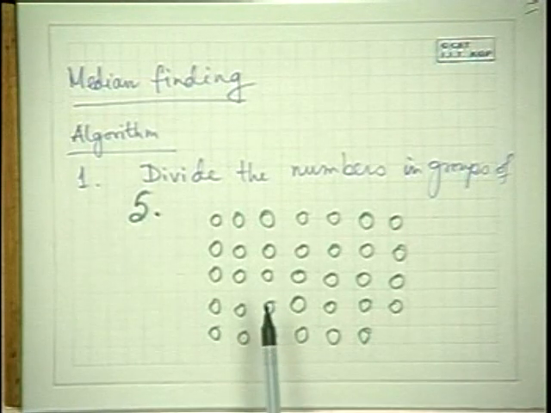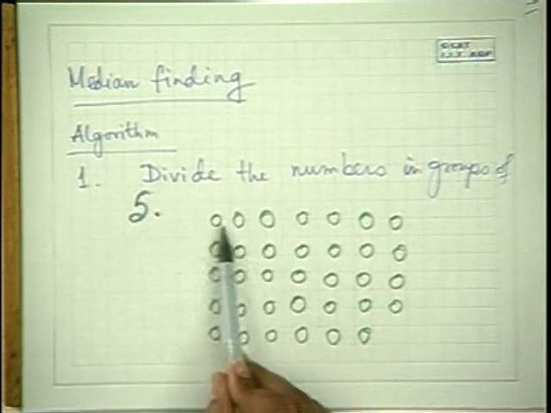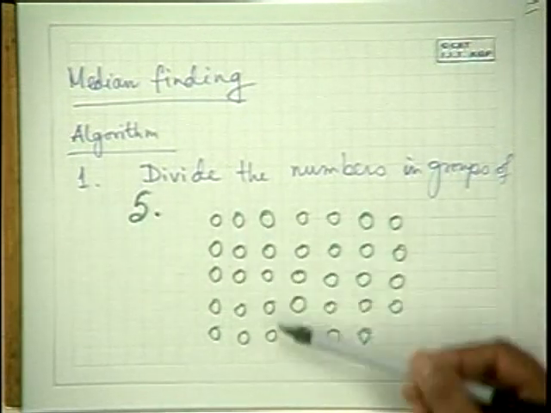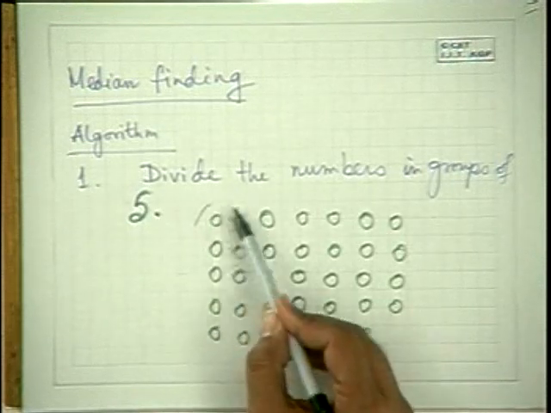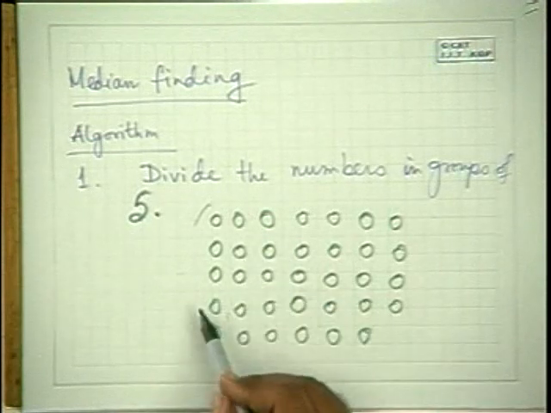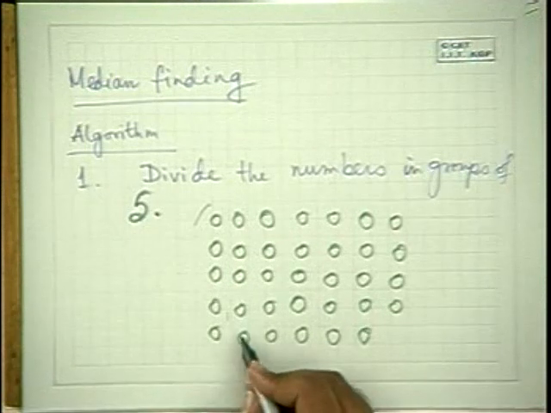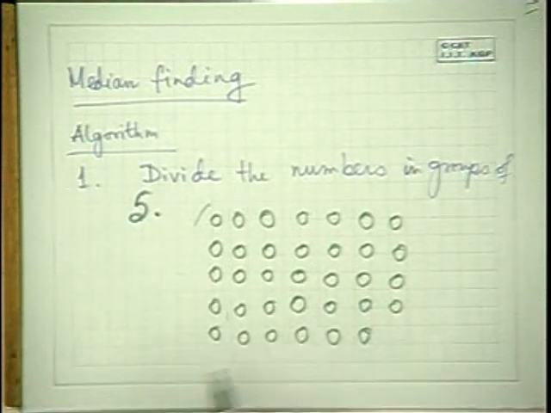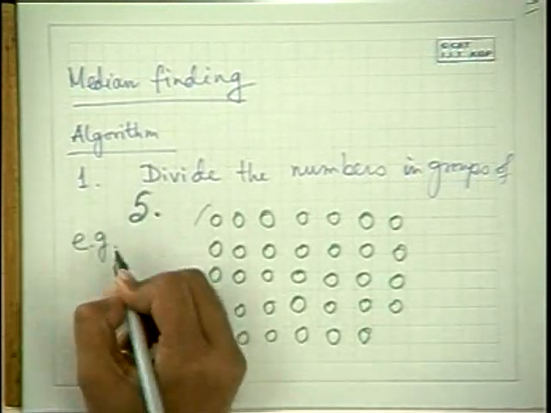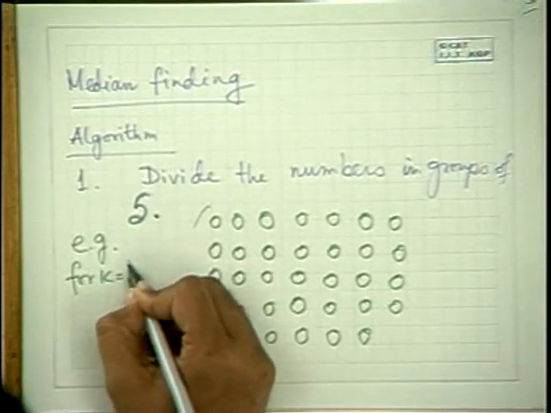First you divide the number n by 5, suppose it is k. So here you put the first k elements, the next k elements, in rows, so that you have a group of 5 in each column. Alright, so you have a group of 5 numbers in each column. If I write it, for example, k is equal to the ceiling of n over 5.